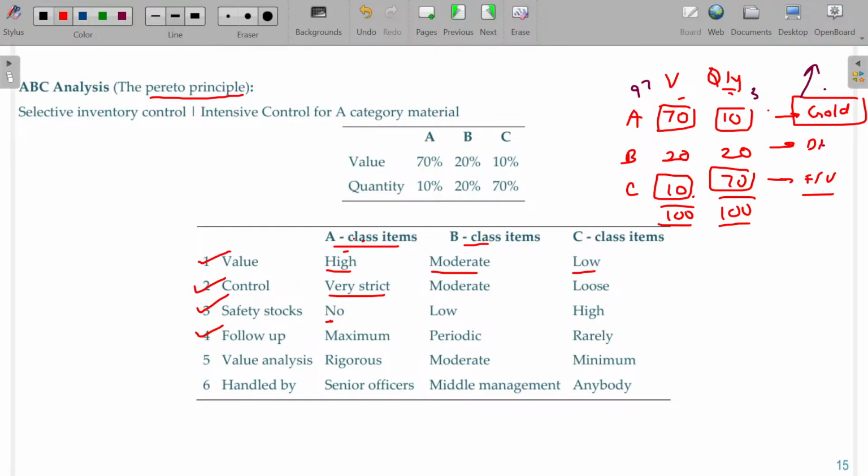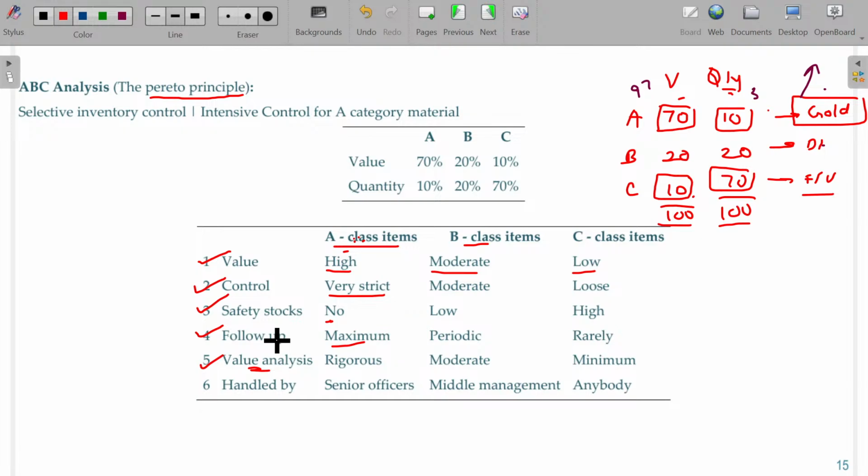And follow-up, you need to have more follow-up for A. Value analysis: you have to verify whether it is really important for purchasing or not. If it is a small item, you never bother about analyzing before purchase; immediately you spend the money. How long do you spend purchasing day-to-day items like fast-moving consumer goods, soap, powder and all?